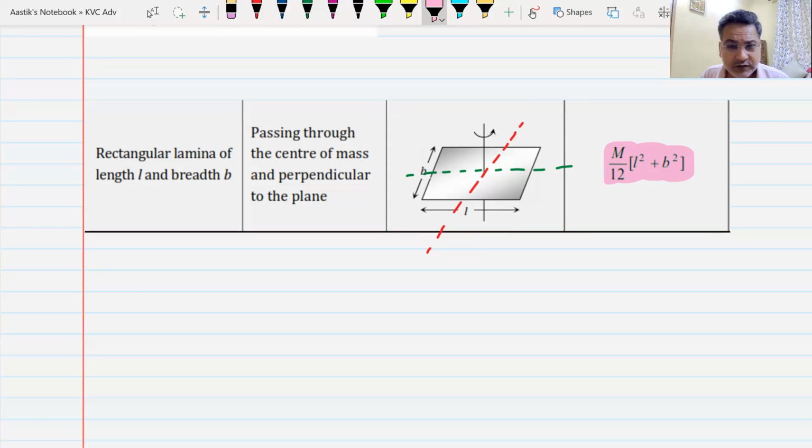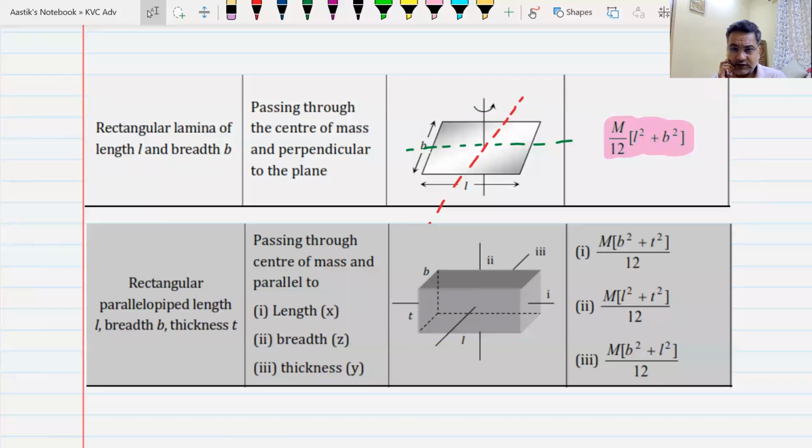How did you get the moment of inertia of this plate? By using the moment of inertia of a rod, sir. Sure? So how will you get the moment of inertia of this cuboid?